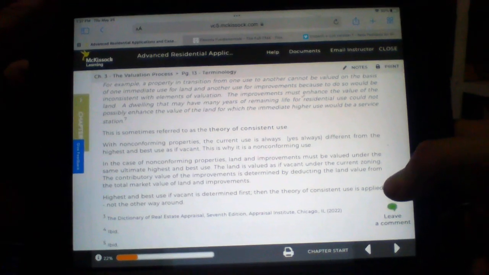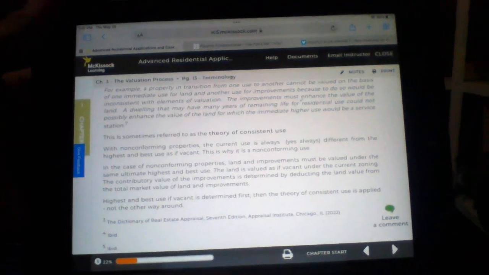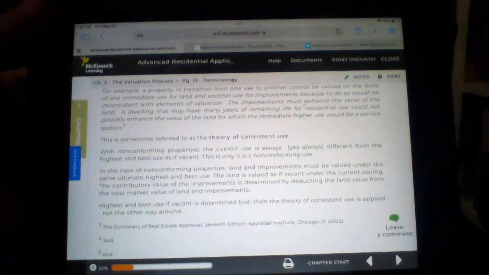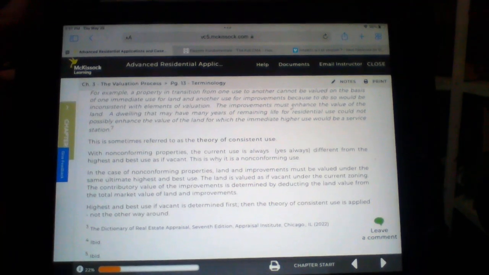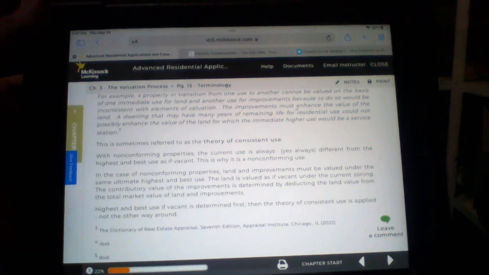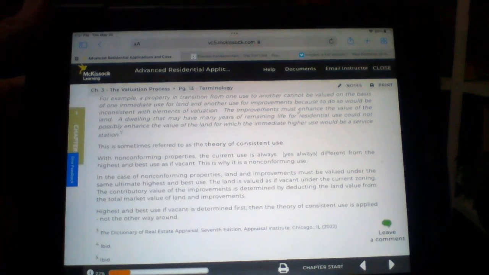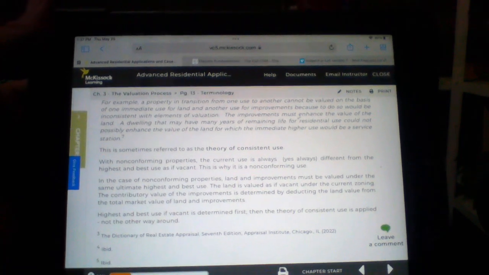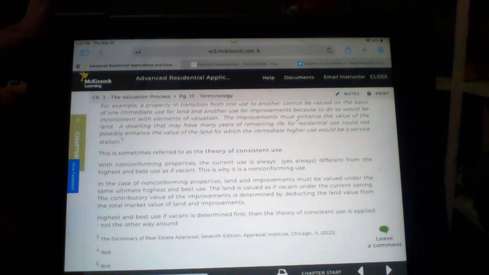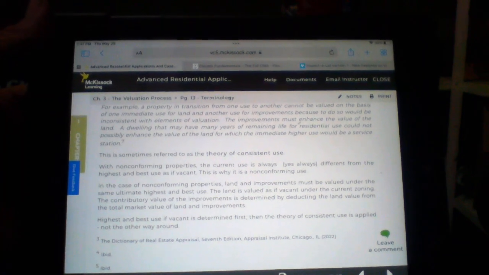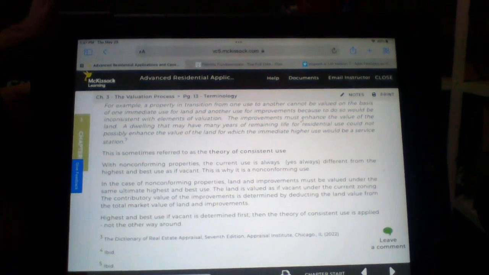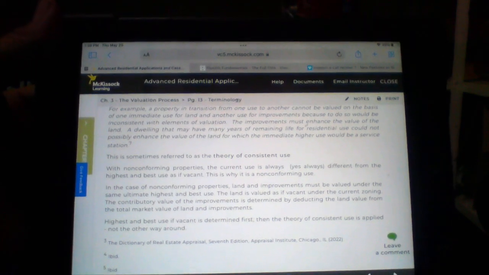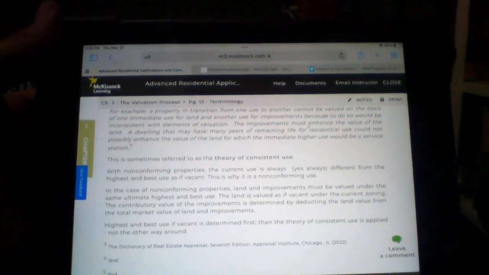With non-conforming properties, the current use is always, yes, always different from the highest and best use as if vacant. This is why it is a non-conforming use. In the case of non-conforming properties, land and improvements must be valued under the same ultimate highest and best use.